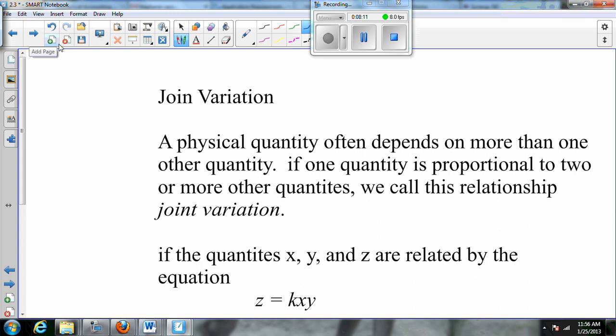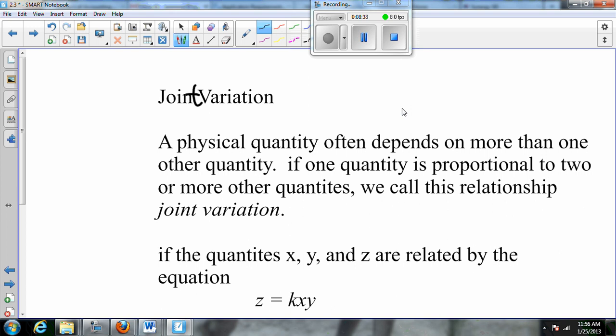Another type of variation is called joint variation. A physical quantity often depends on more than one other quantity. If one quantity is proportional to 2 or more other quantities, we call this relationship a joint variation. So there's more than 2 variables.